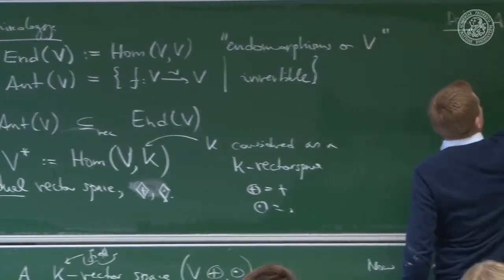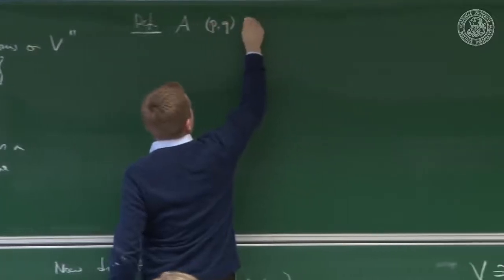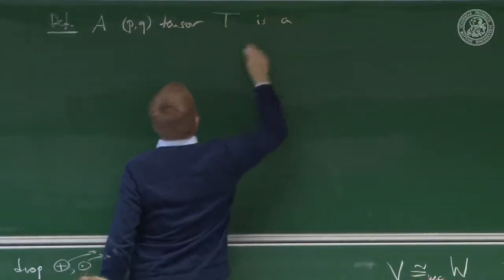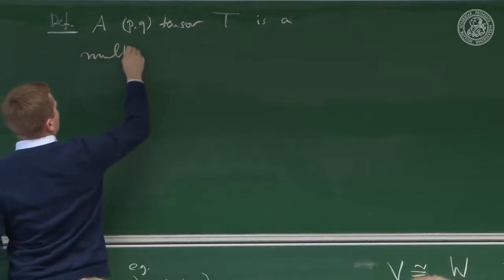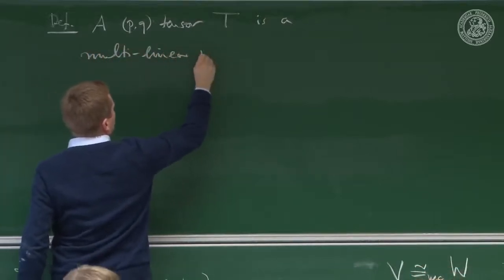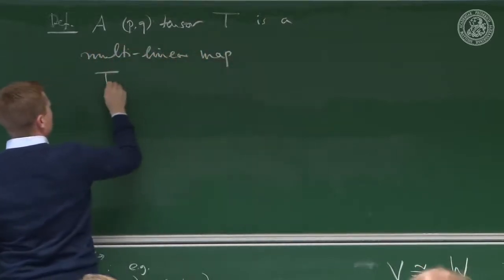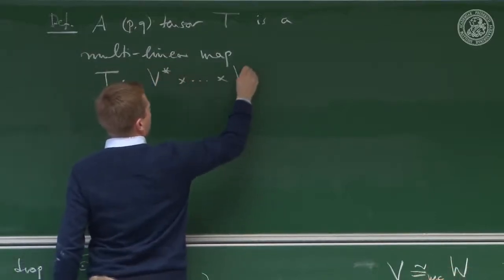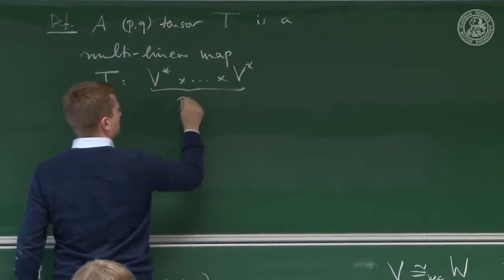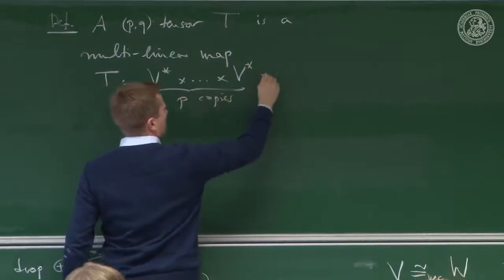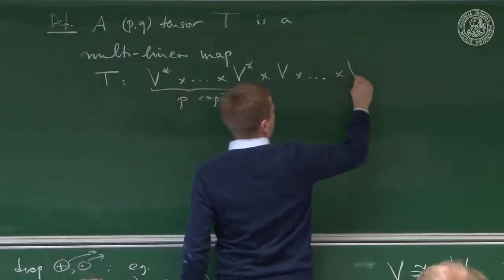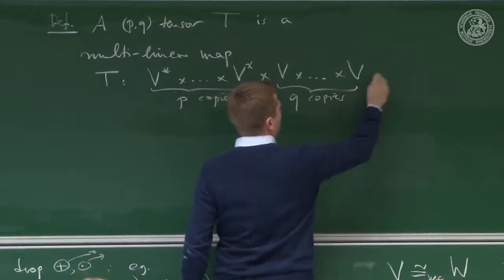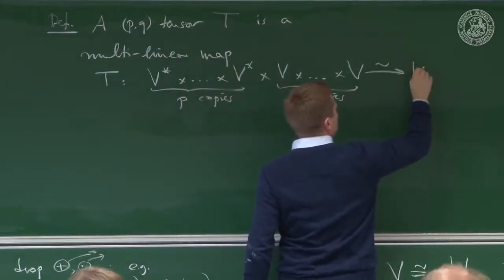A PQ tensor T is a multilinear map, T that takes P copies of V star, and takes further the Cartesian product of Q copies of V and maps multilinearly into K.